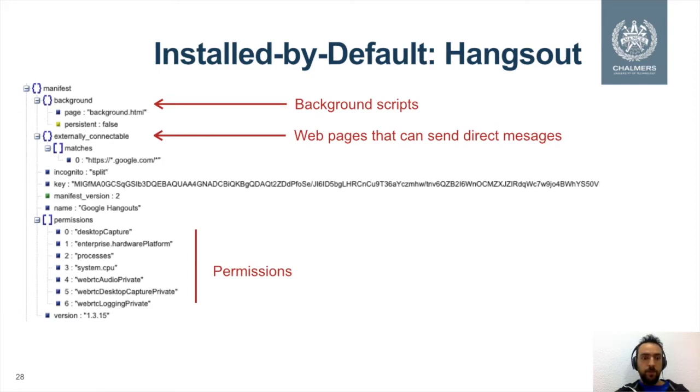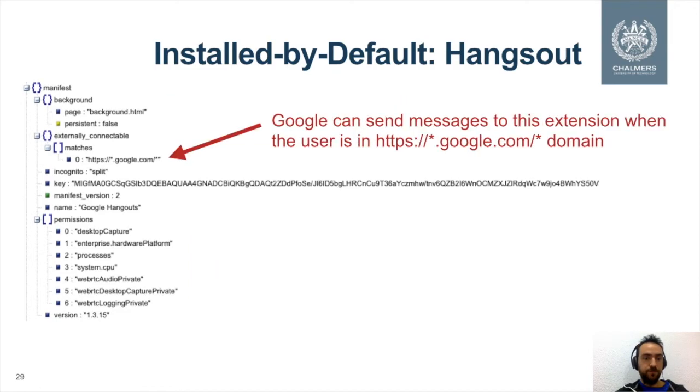In particular, we will use the externally connectable key as a vehicle to exploit one of the installed by default extensions, this Hangouts extension. The externally connectable key declares which extensions, apps, and web pages can connect to your extension via JavaScript methods like runtime.connect and runtime.sendMessage.